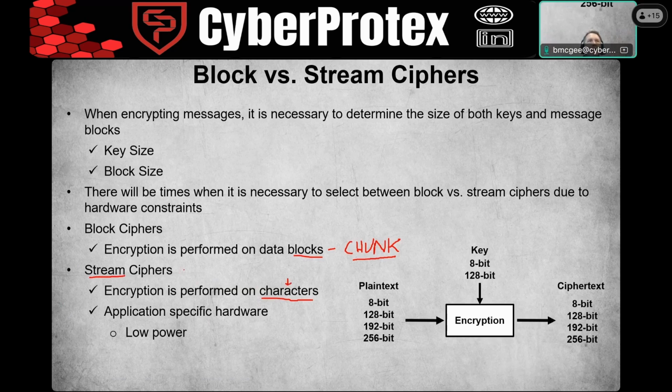I oftentimes think about water and stream, and this is supposed to be a spigot, where there's little drops, and each little drop is an individual character. So it's a leaky spigot. Maybe we need to call a plumber. In that particular case, each individual character in the stream cipher would allow us to encrypt that.